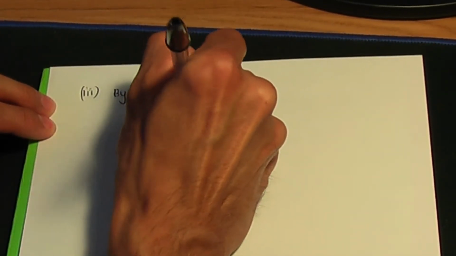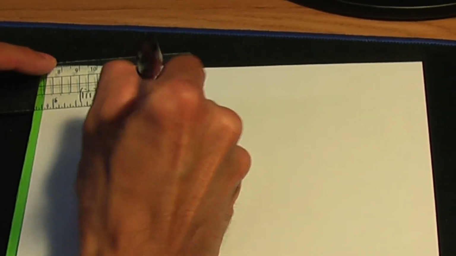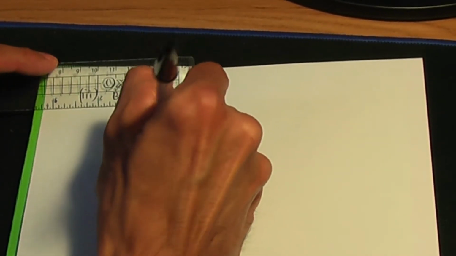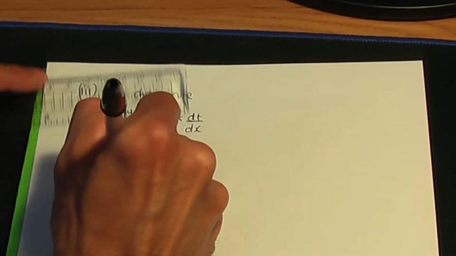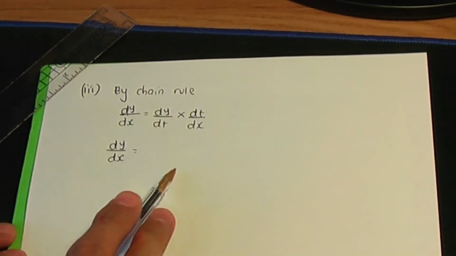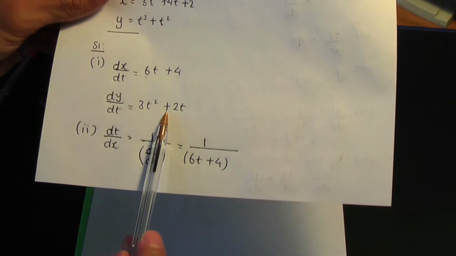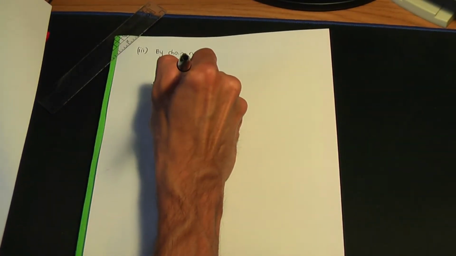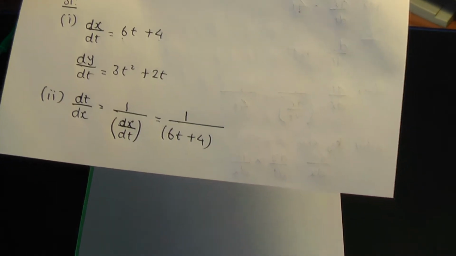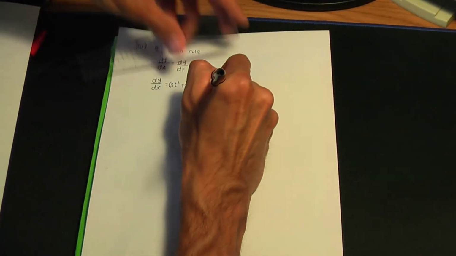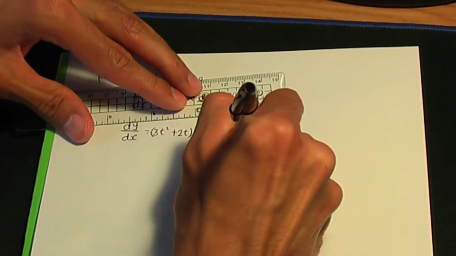By the chain rule, dy over dx is dy over dt times dt over dx. dy over dt, let's remind ourselves, we had 3t squared plus 2t, multiplied by dt over dx, we had 1 over 6t plus 4.